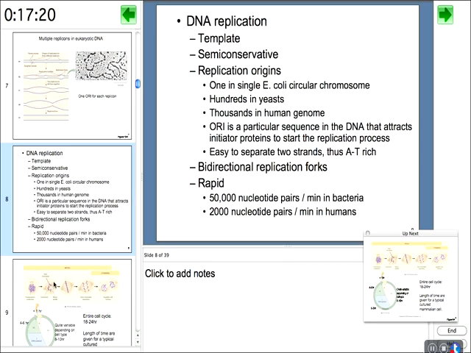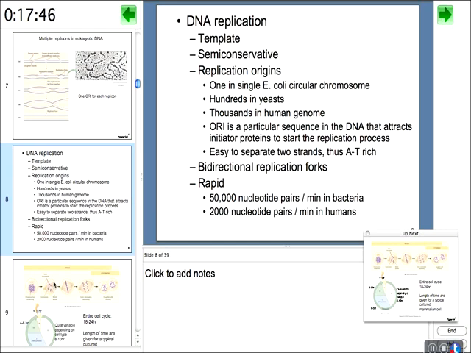At the origin of replication, or the ORI, there's one single ORI in E. coli, a prokaryote with a circular chromosome. That's true for all circular prokaryotic chromosomes. There are hundreds in the yeast genome, at least one per chromosome and generally multiple per chromosome, found in eukaryotes.